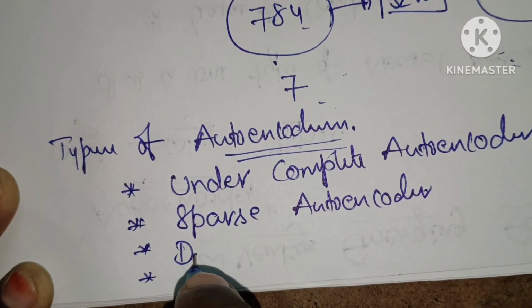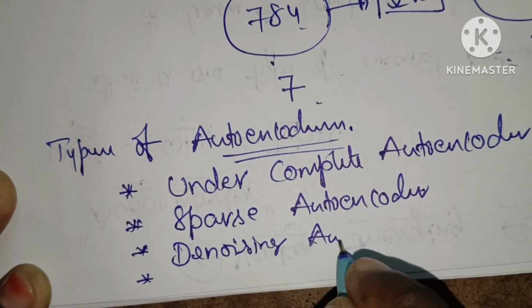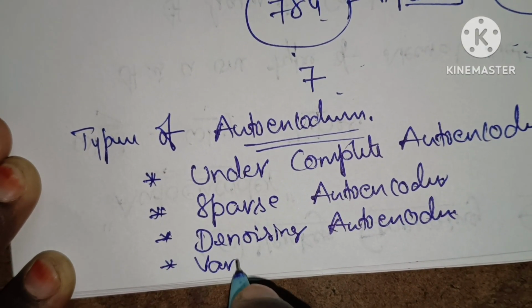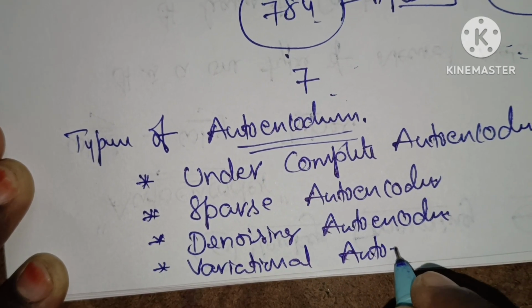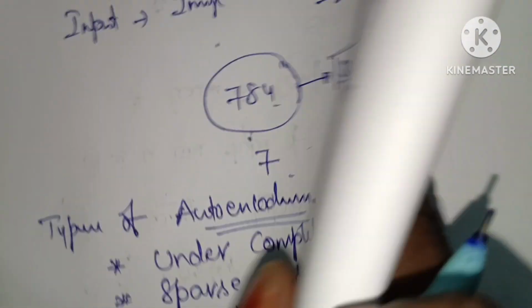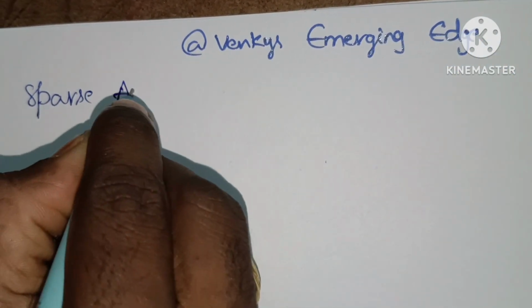The next one is the denoising autoencoder. The next one is the variational autoencoder. These are the main different types of autoencoders. First of all, we are mainly focused on the sparse autoencoder.